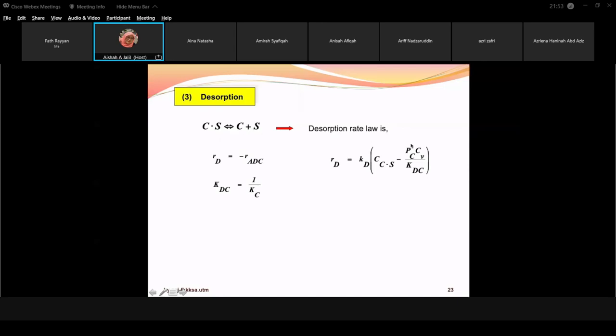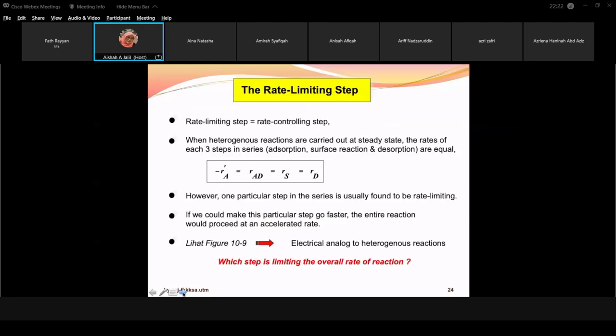Okay, so the rate law r_D equals k_D times C_C·S minus P_C times C_V. Okay, and this is desorption, the reverse of adsorption.